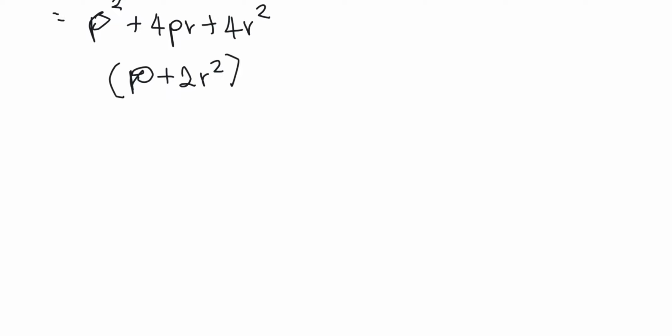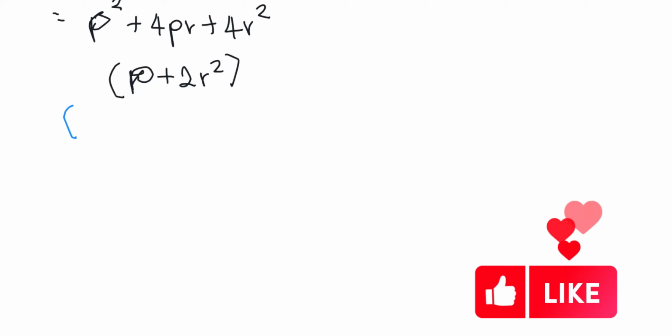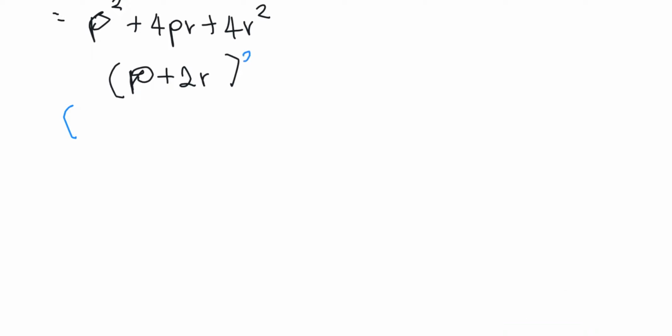Remember, there's no 2 here. So let's wrap this, before it misleads us. Now remember you have a square here. These 2 here mean it's 2 brackets of the same thing. So you can still do it as p plus 2r, times p plus 2r.